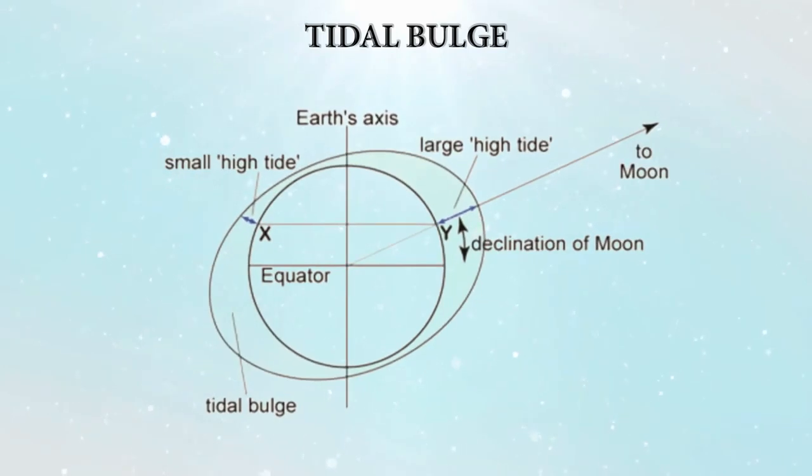You can see in this figure, this is the direction of the moon, and so a large high tide is created along this direction, and then a similar high tide is created on the opposite side of the earth also.